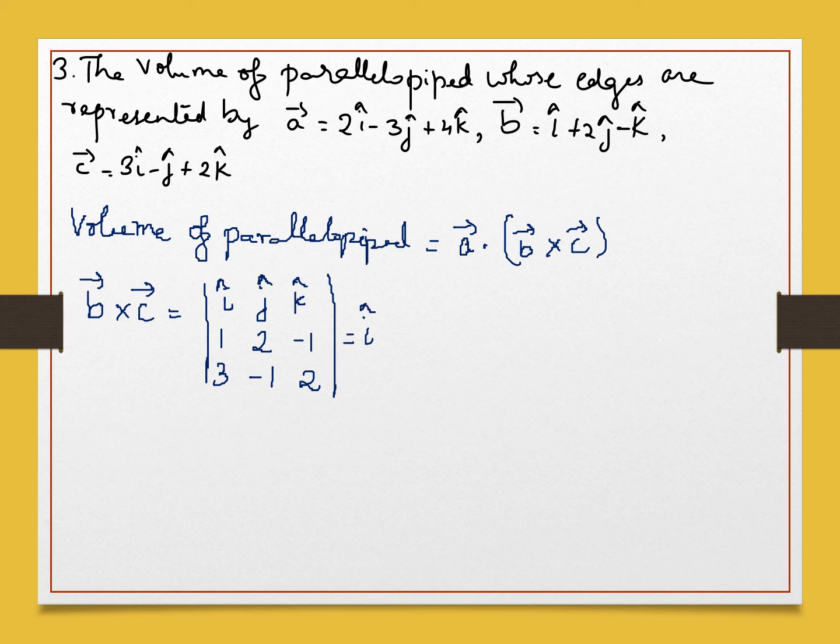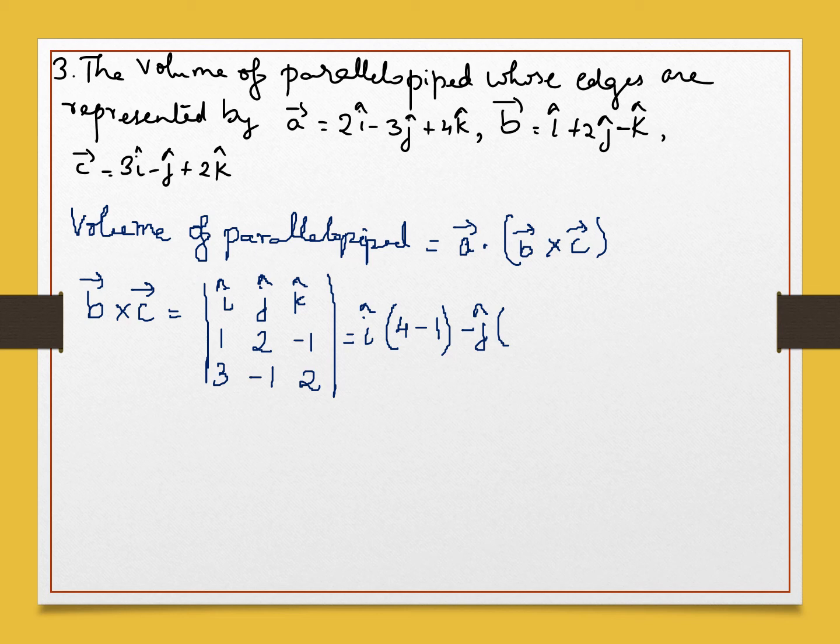First consider i cap. So we will ignore the first row and the first column and cross multiply the remaining terms. So 2 into 2 is 4, minus of minus 1 into minus 1, that is plus 1, so 1. Then minus j cap: ignore the first row and the second column and multiply the other two.